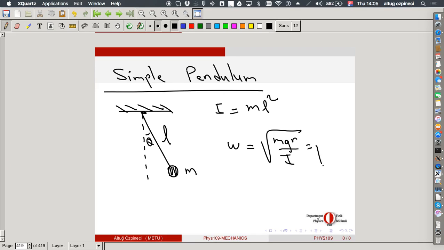This is equal to square root of mg. Well, in this example, remember, r is the distance of this rotation point from the center of mass. So in this example, it's just L. mgl over ml squared. So omega is square root of g over L.